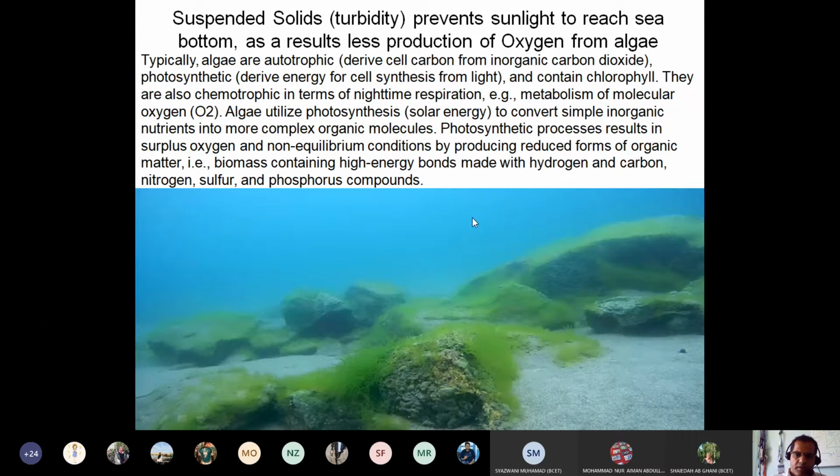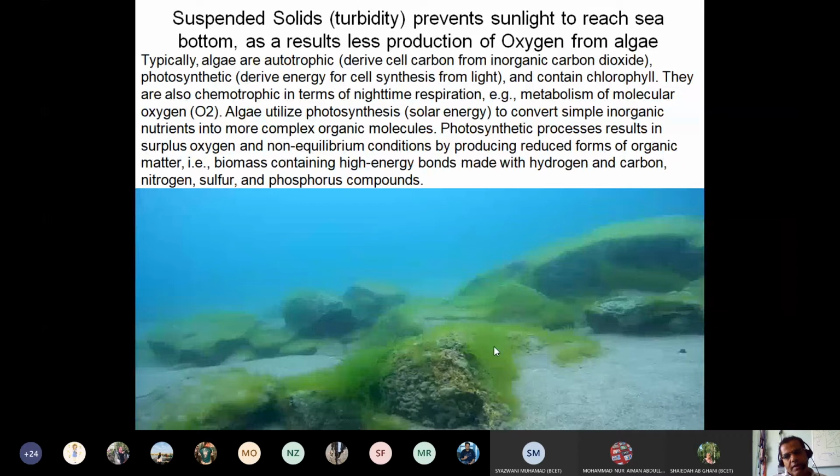For example, from here, turbidity also prevents the sunlight from going to the bottom, and that is very bad for the algae or chlorophyll A. When there is not enough sunlight, the photosynthesis process will not occur, so the algae start to degrade. Once they degrade, they will also be food for the bacteria, meaning that all the oxygen will be utilized because of the degradation of this algae, or what you say in Bahasa, alga.